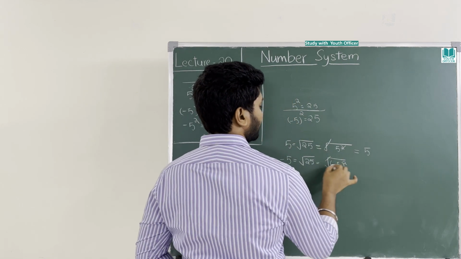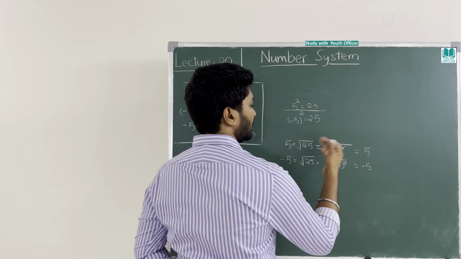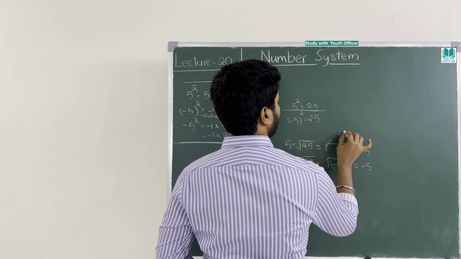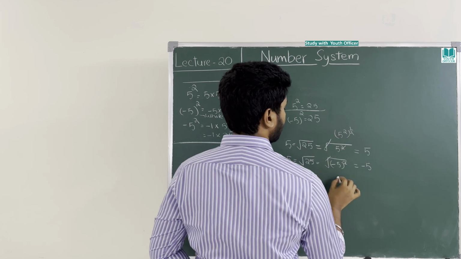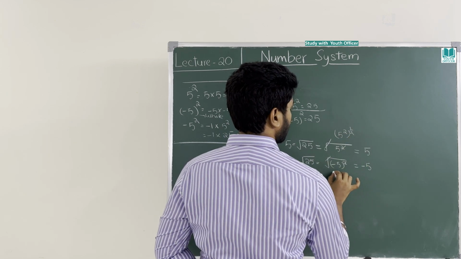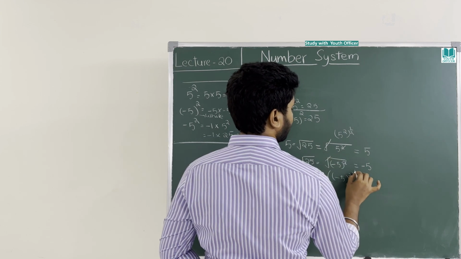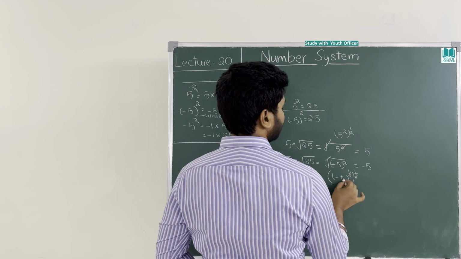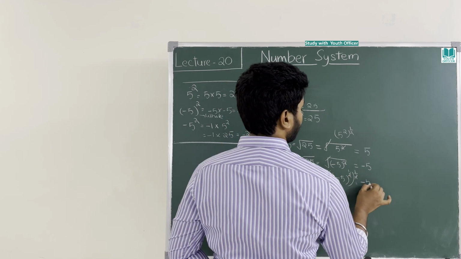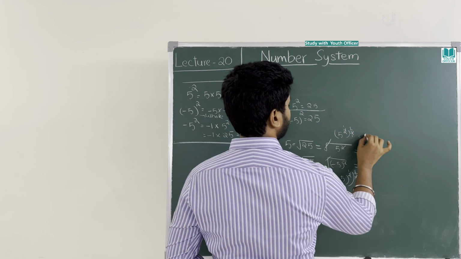Or the answer might be minus 5. Or another way is you can write 5 square whole power 1 by 2. Here you can write minus 5 whole square whole power 1 by 2. 2 gets cancelled. Minus 5 whole power 1 is minus 5. Here 2 gets cancelled one time. 5 power 1 is 5.